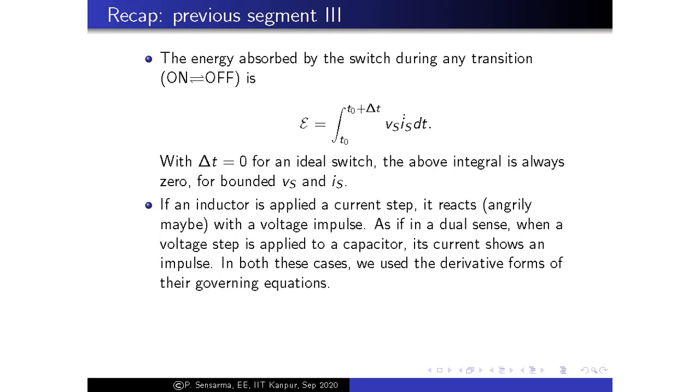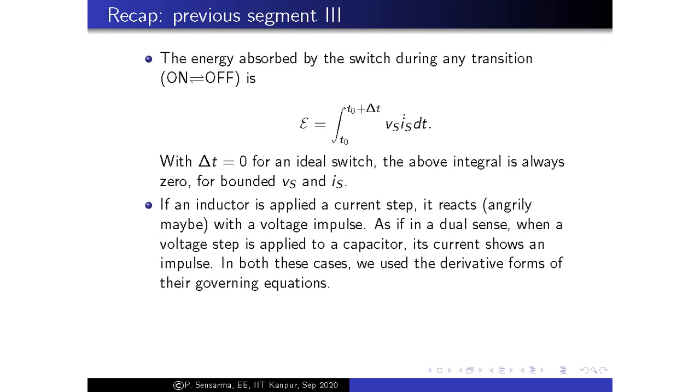Now once we integrate this product Vs Is from an initial time t0 to a final time t0 plus delta t, where delta t represents the transition time, this integral is non-zero if delta t is non-zero and Vs and Is both are non-zero, and of course finite, bounded.